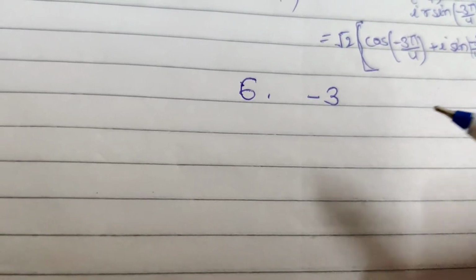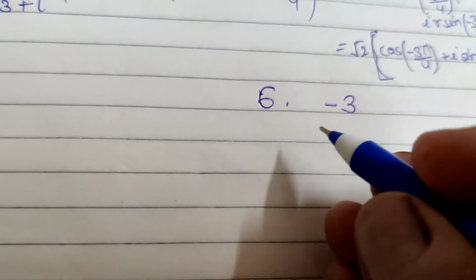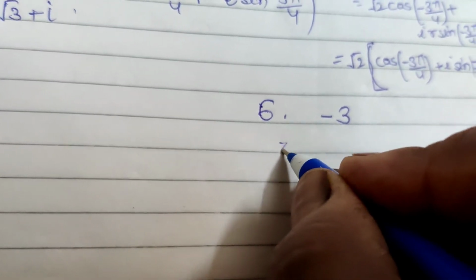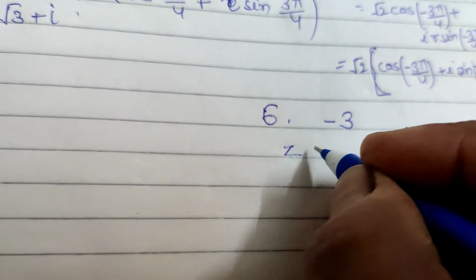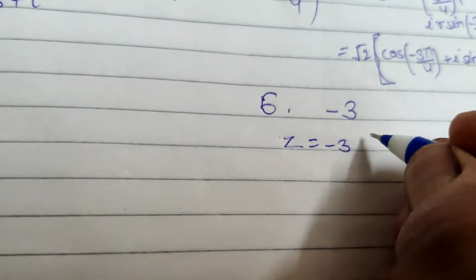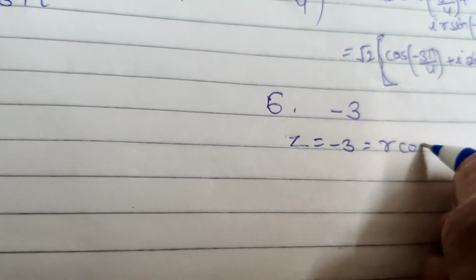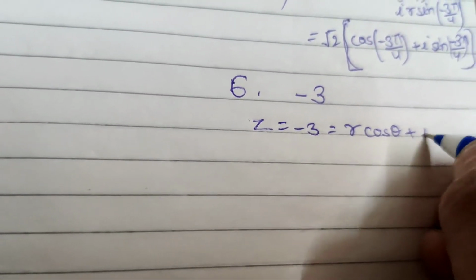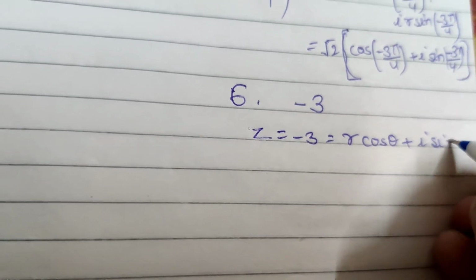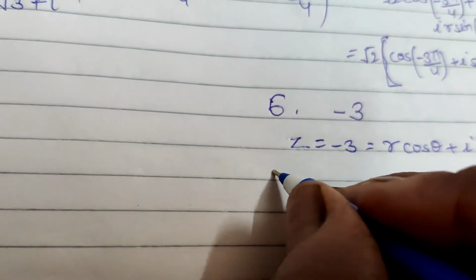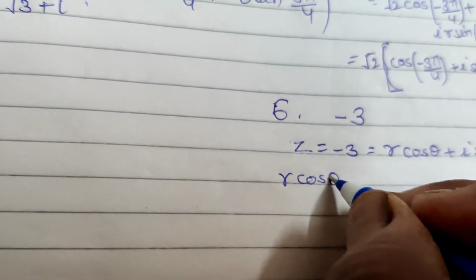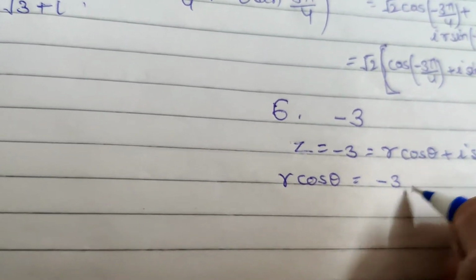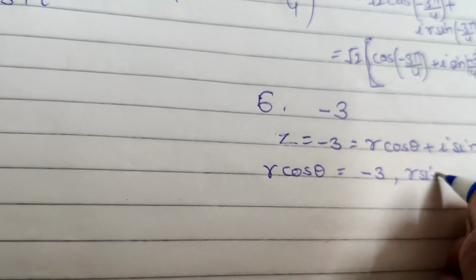Number 6 is equal to minus 3. Let z equal to minus 3, equal to r cos theta plus i r sin theta. Okay, r cos theta equal to minus 3 and r sin theta equal to 0.